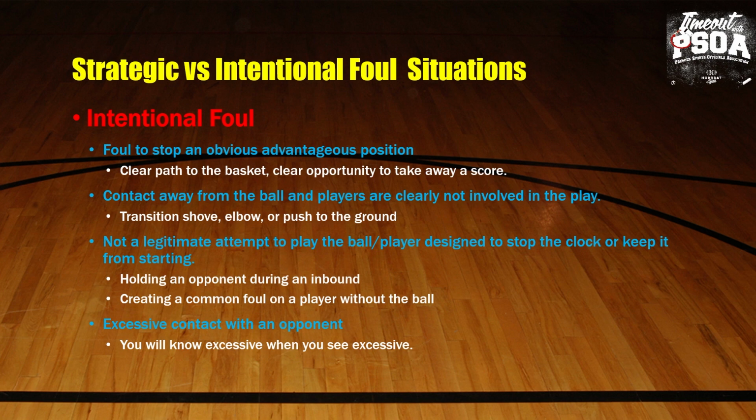And then the last one, excessive contact with an opponent. I really don't have clear examples for you. When we get into rough play next week and we get video shared with us, we'll show you some excessive contact with an opponent. When you see it, you will know it. A lot of times, even the crowd, just a human reaction to the contact tells you excessive.